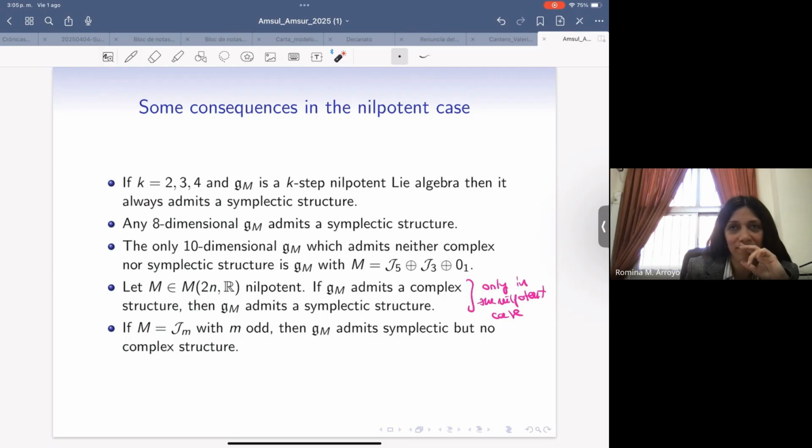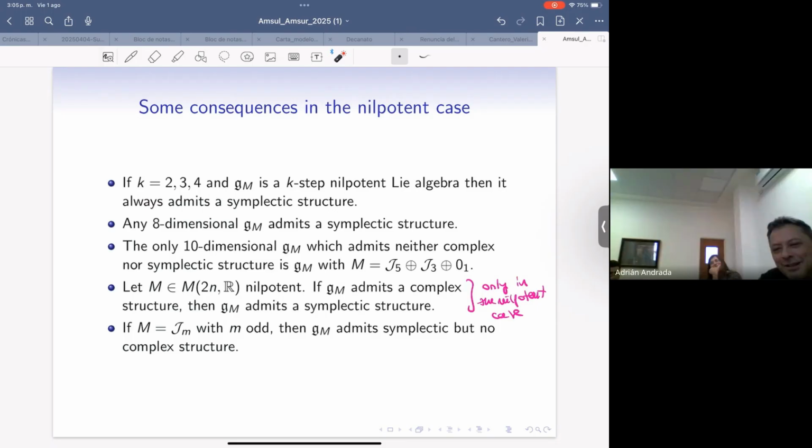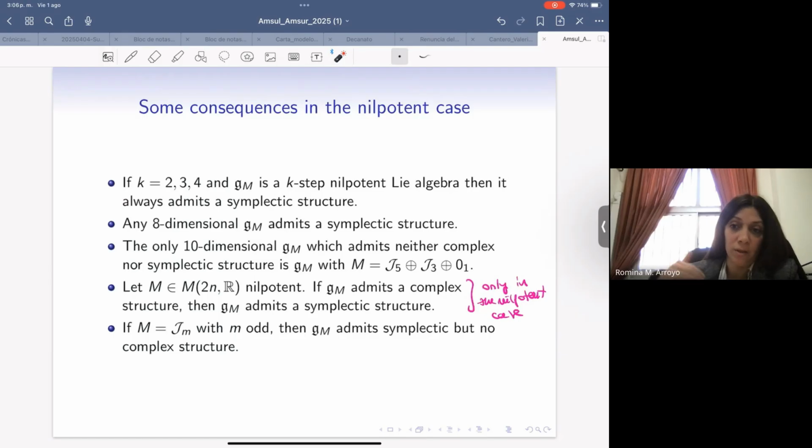And one more thing, did you consider the existence of lattices in the Lie groups associated to these Lie algebras? In the nilpotent case, all of them admit lattices, of course. So you can consider compact quotients, for instance. But in the solvable case, we didn't study that.